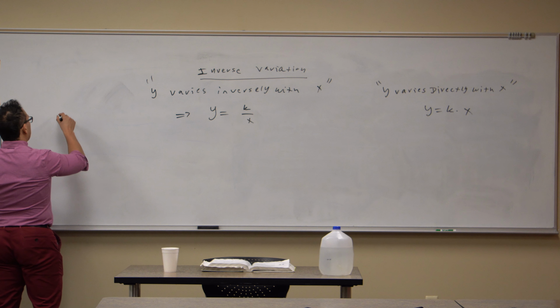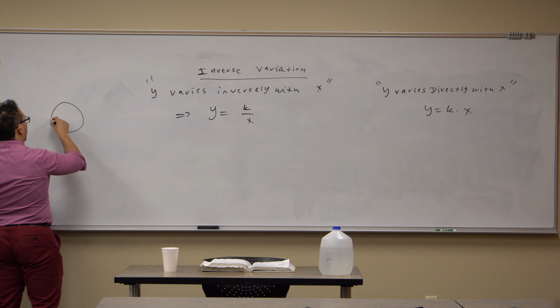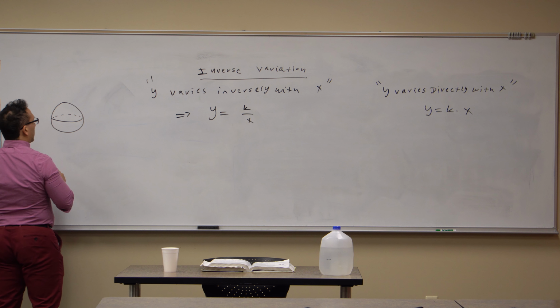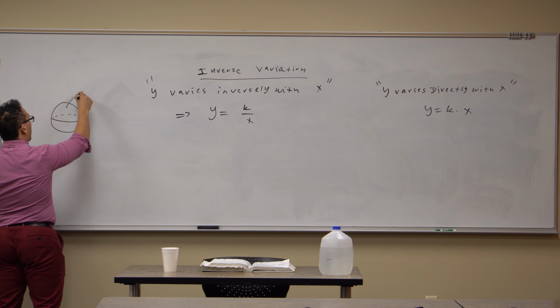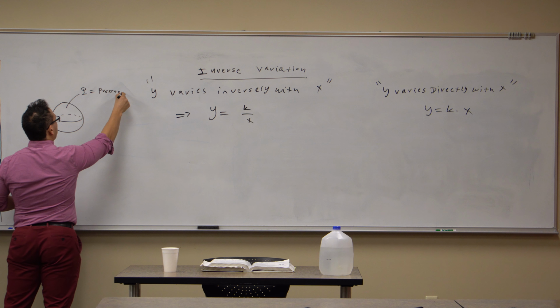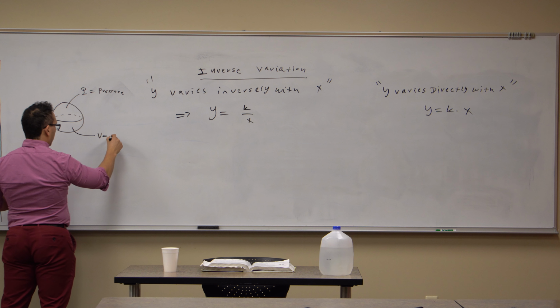So let's say we have some type of ball. It could be a basketball, it could be a soccer ball. Okay? And let's say that there's some internal pressure in there, P, and some internal volume there, V, volume.